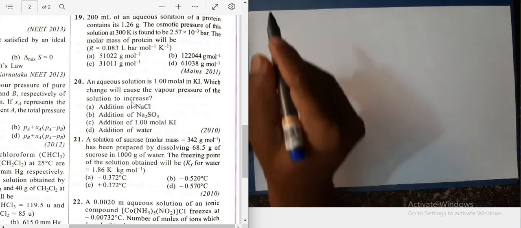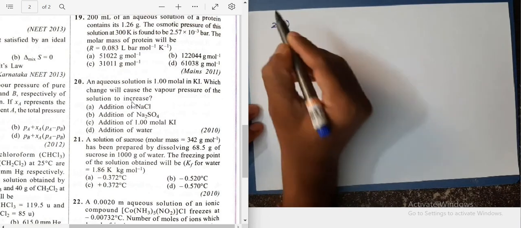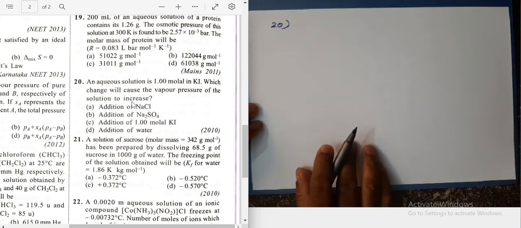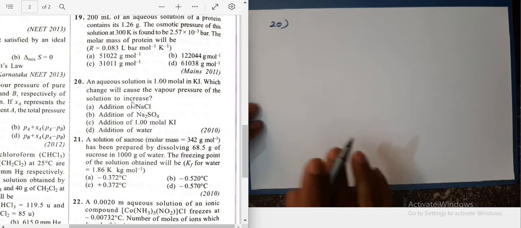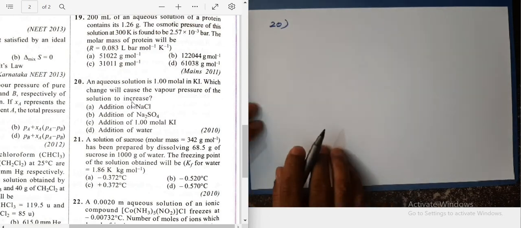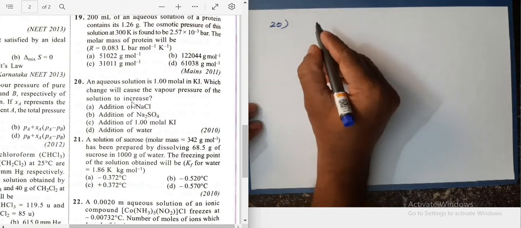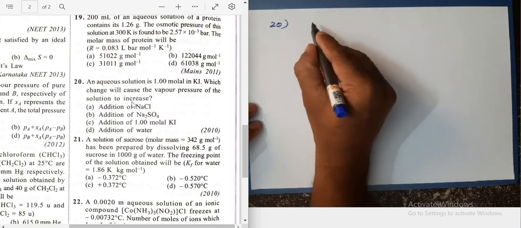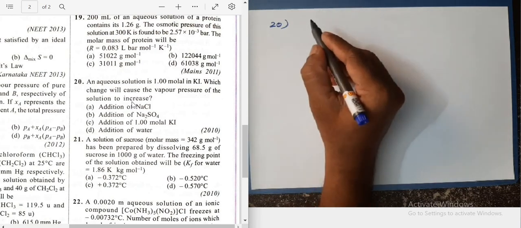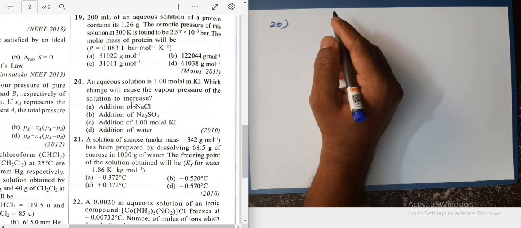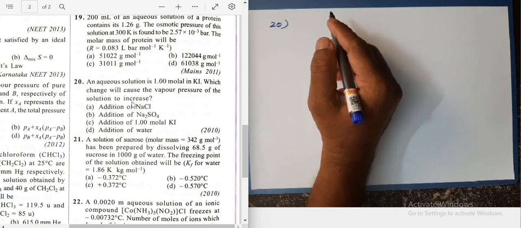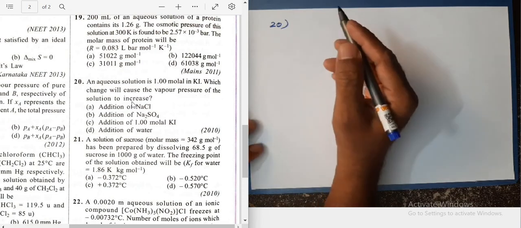Question number 20. Which change will cause vapor pressure of the solution to increase?